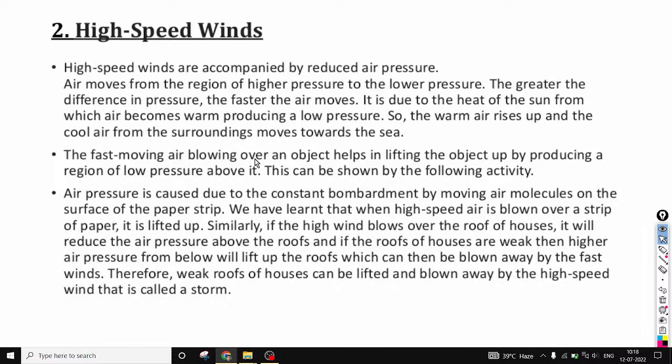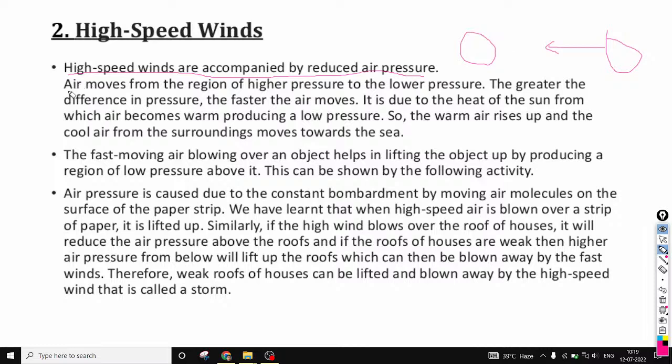High speed winds are accompanied by reduced air pressure, which means high air speed. If in one part there is higher pressure, air can move to the lower pressure zone.